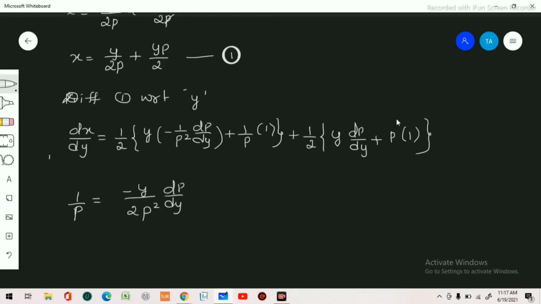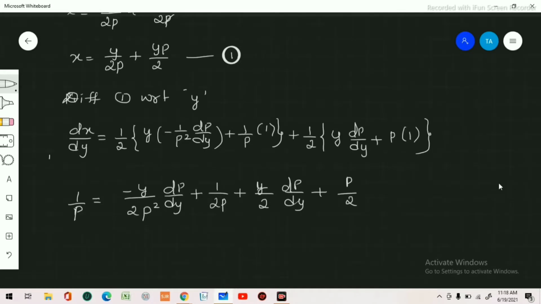Plus 1 by 2p plus y by 2 dp by dy plus p by 2. Just check all the terms are correct or not. Correct, sir.